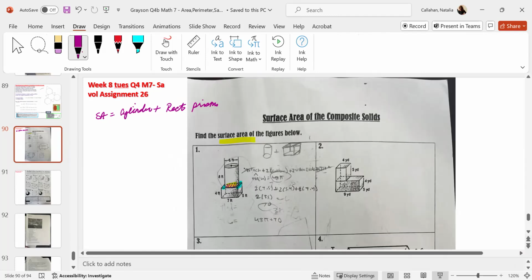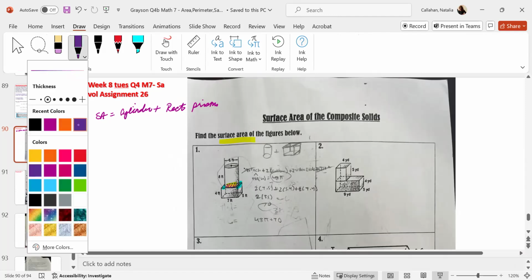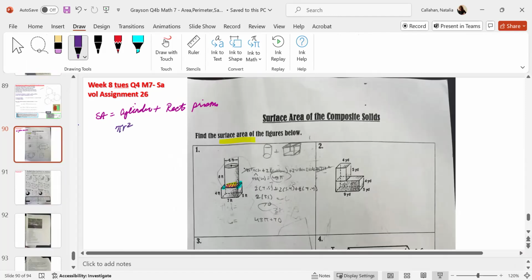All right, so cylinder, what you're gonna get is one circle, pi r squared, right? Plus, remember this part right here, which is the wraparound. Notice this is just one circle. One circle, not two.